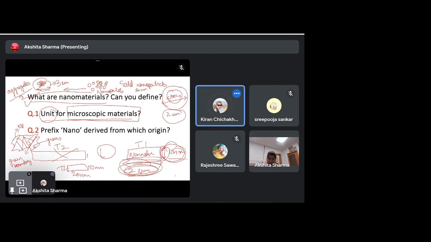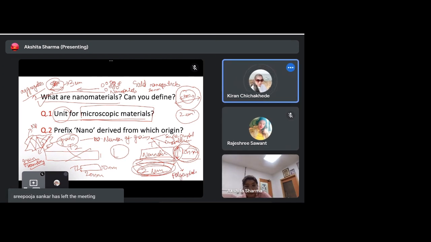On the basis of the number of grains, we define a material to be single crystal, crystalline, or polycrystalline.